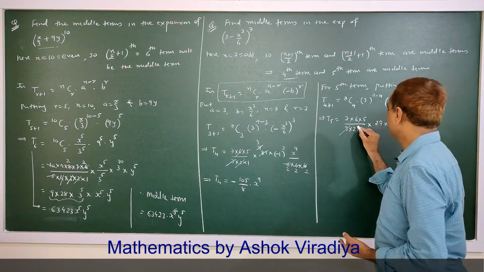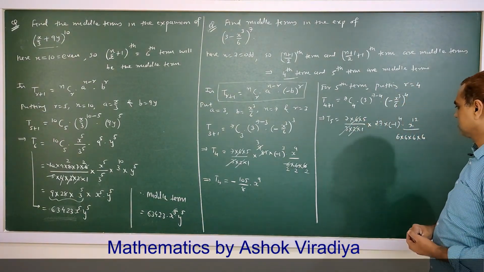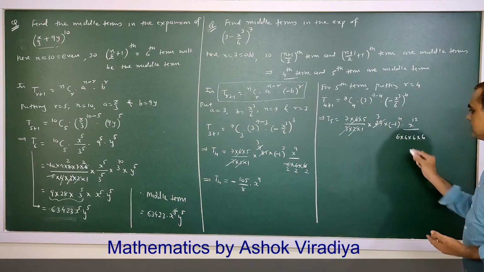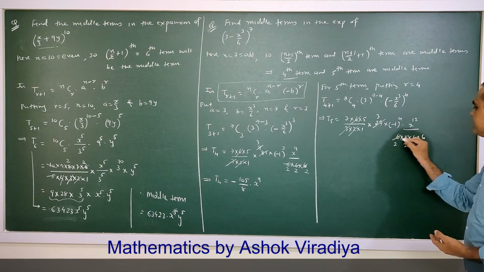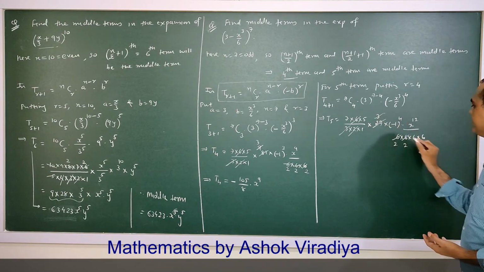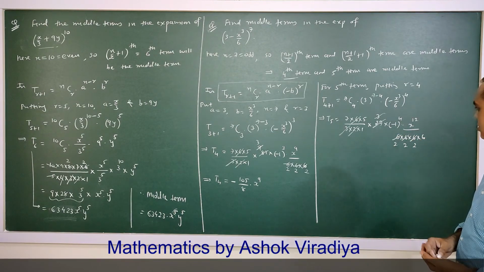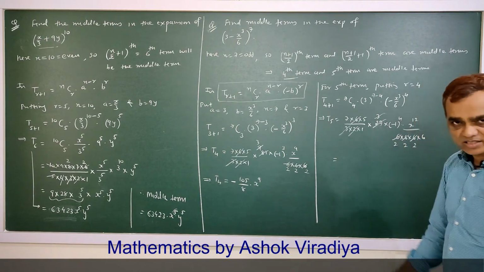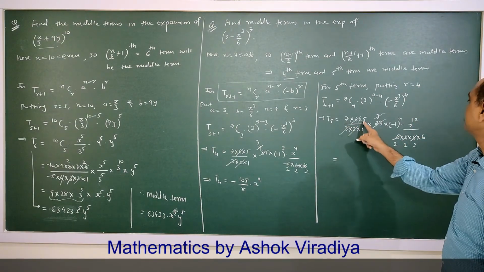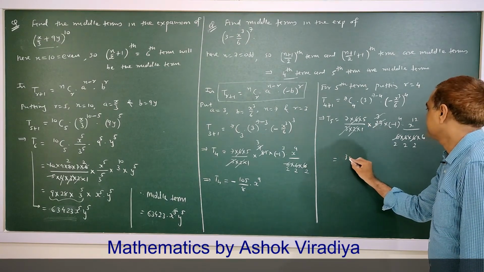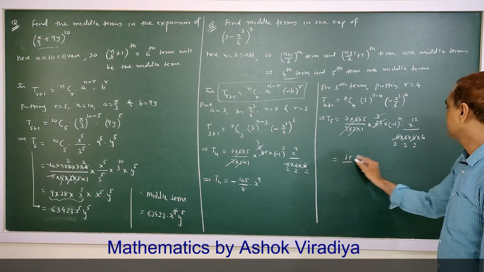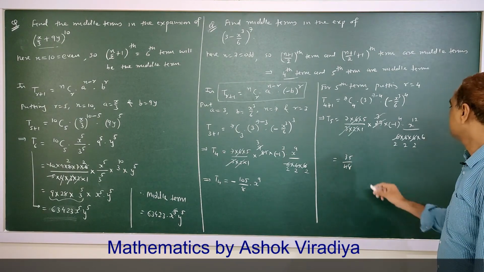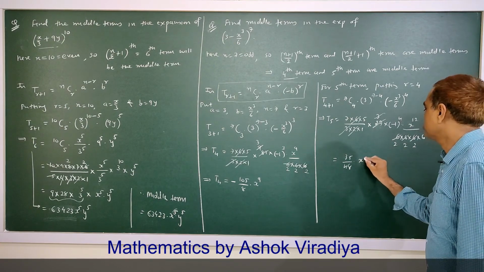So here 3 into 2, 6. Here 3 into 9, 27. Here 2 into 2, 3, 9 is cancelled. Again 3 into 2, 6. So how much is left? Minus 1 raised to 4 is plus 1. Plus 1 into 7 into 5, 35 upon 6 into 2, 12, 12 into 2, 24 into 2, 48, into x raised to 12.